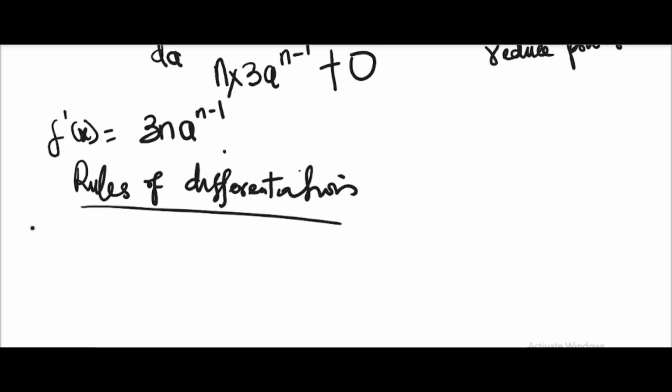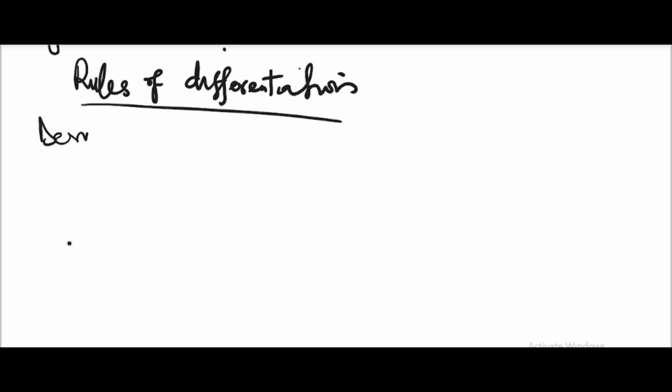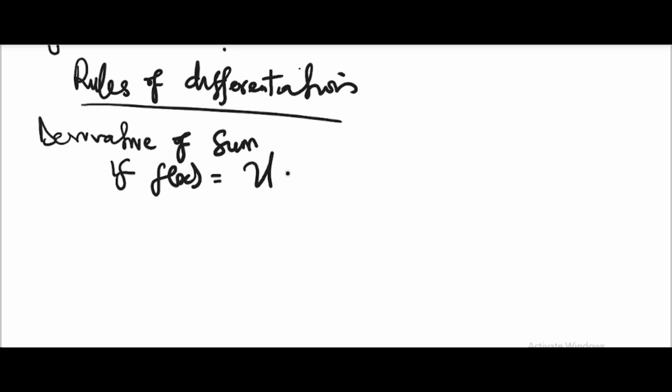The first rule is the derivative of a sum. If f of x is equal to u, which is a function of x, plus v, which is also a function of x, then we have three functions here. f, u, and v are all functions of x.